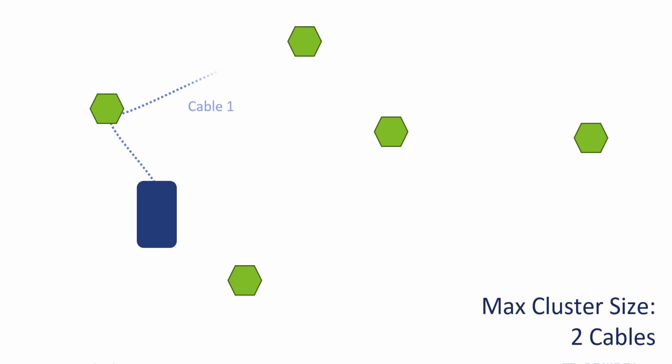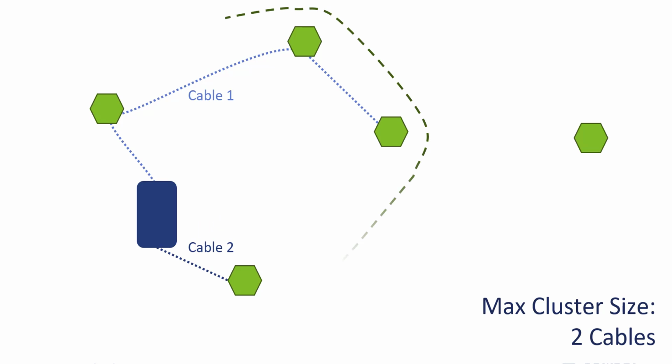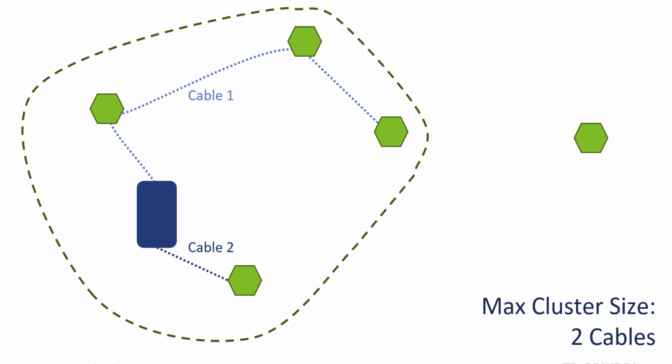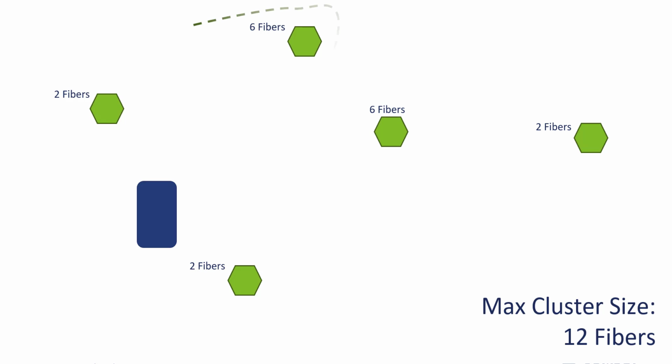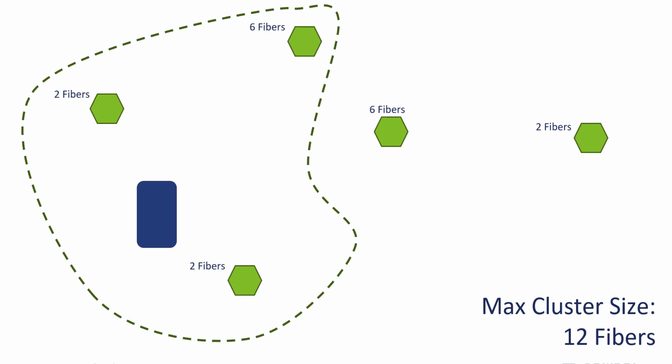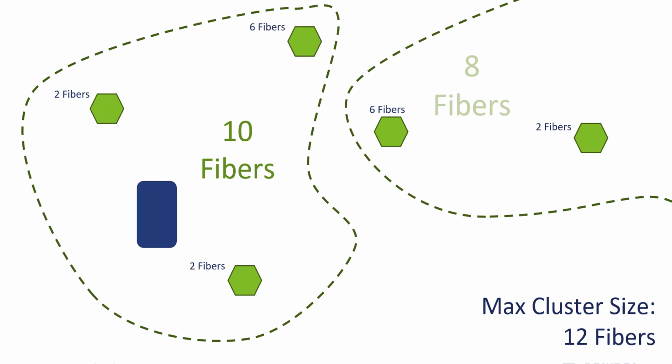If you choose cables, then the cluster will be limited by the number of cables required to provide service to all points. If fibers are chosen, then it will be limited by the number of fibers required to provide service to all points. This is impacted by settings you have made in the demand section of the rules.